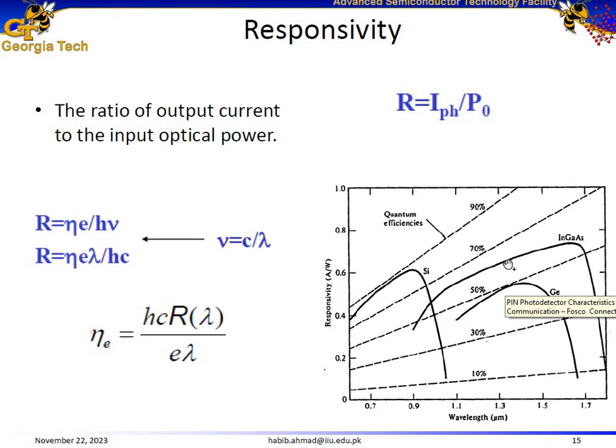Similarly, if we draw a tangent to indium gallium arsenide, the maximum quantum efficiency would be less than 70%, around 60%. For germanium, the maximum achievable quantum efficiency would be around 50%, and so on.